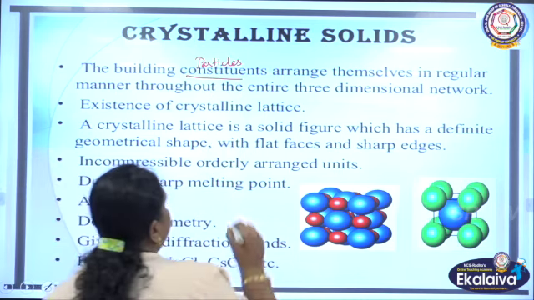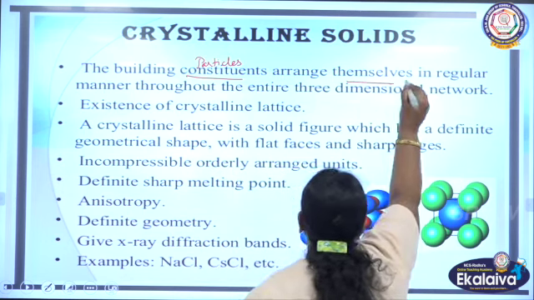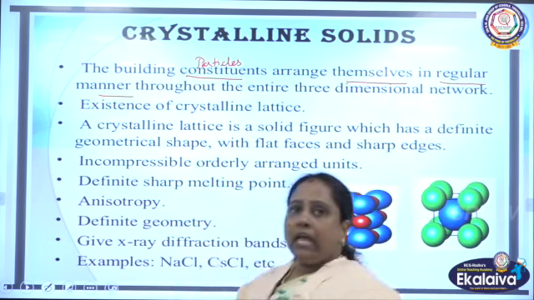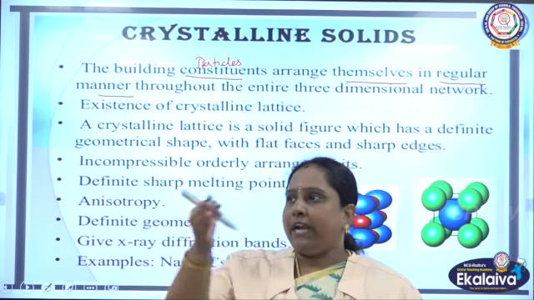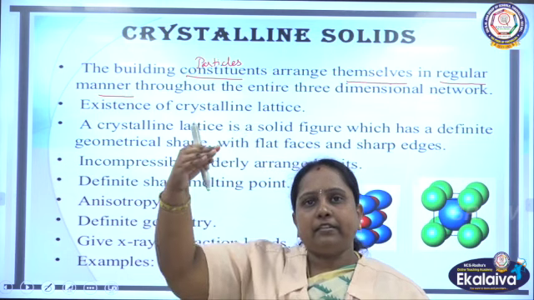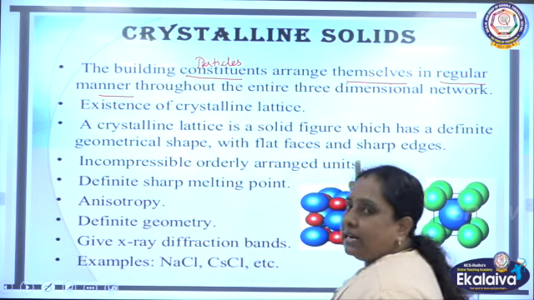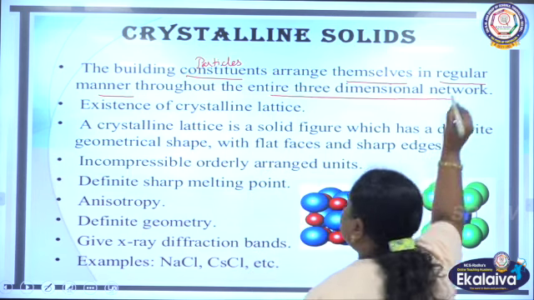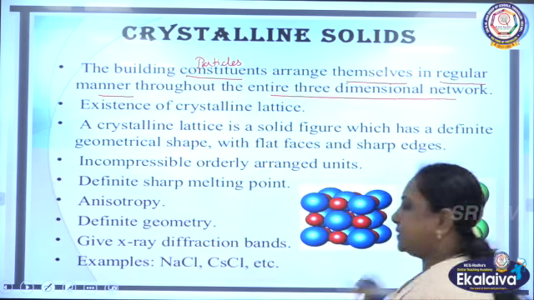So the particles are arranged themselves in a regular manner. The arrangement of particles one after the other will be linear, or layer after layer. So it will be a regular arrangement pattern of the particles in an entire three-dimensional network structure, so that they will get like this.